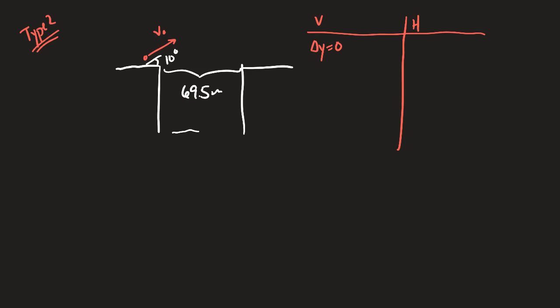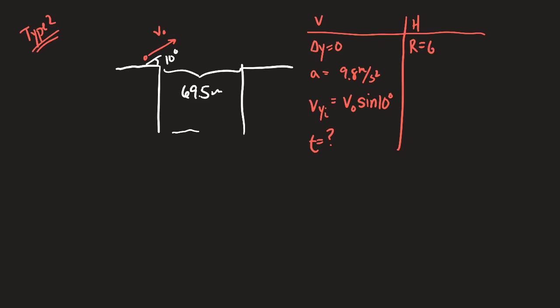Moving on from there, the acceleration is still going to be 9.8 meters per second squared. The initial y velocity will be this unknown times the sine of 10 degrees. And that's really it. We want to figure out the time. We don't have enough because we don't know what V0 is. Let's look at the horizontal.